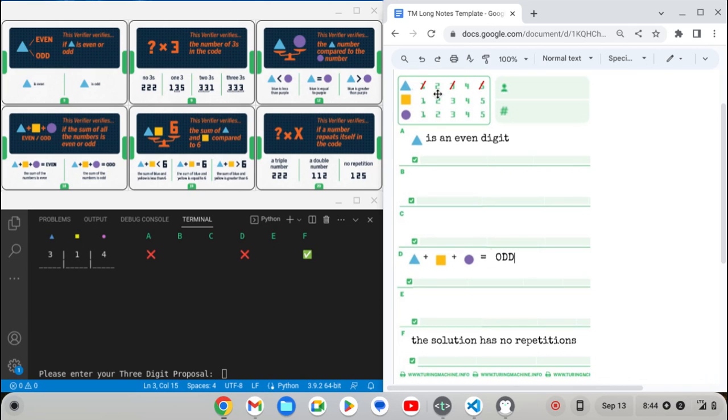But if you want the overall sum to be odd, then you introduce an odd. And so that way the overall sum is actually odd. So let's go ahead and add a note here and say we have two evens and one odd.